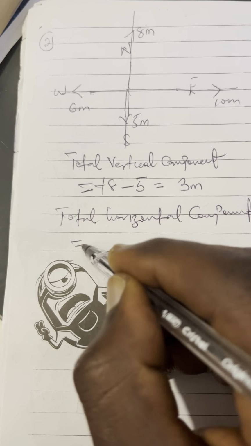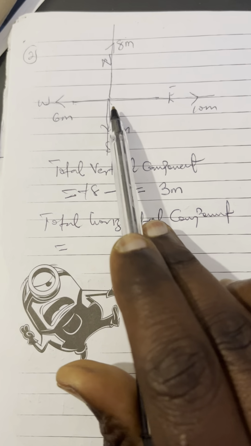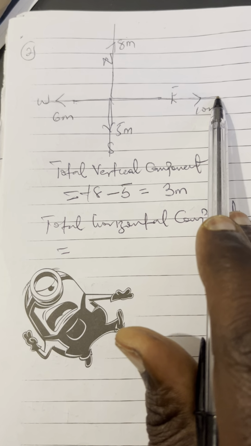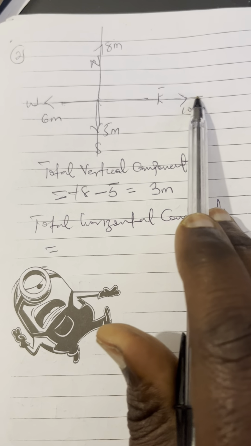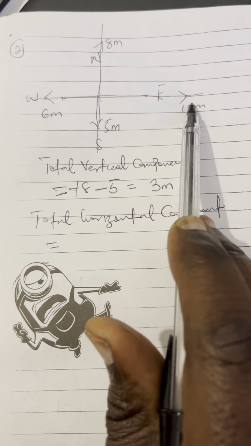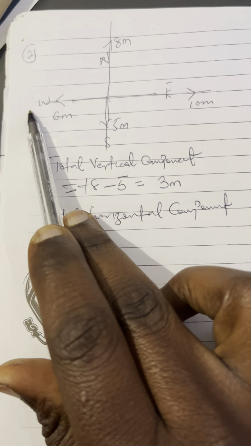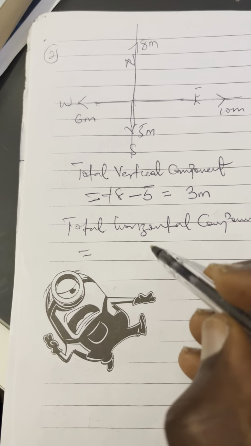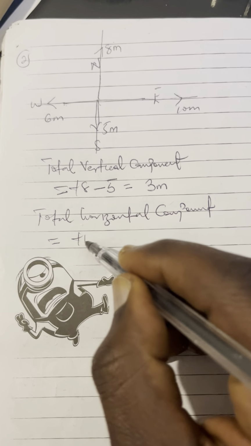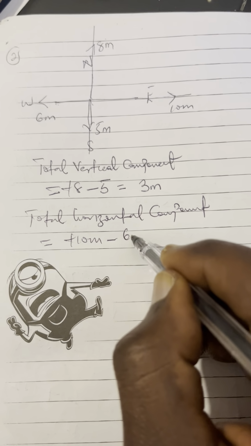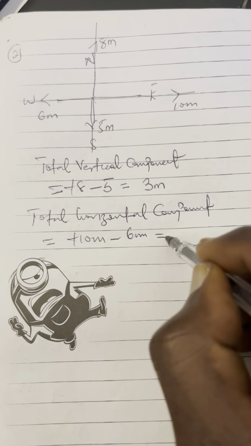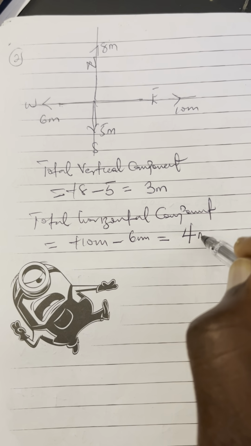You are going to have this going east, which is the positive x-axis, and this one is the negative x-axis. So you have plus 10, the positive x-axis, minus 6 meter, which gives 4 meter.